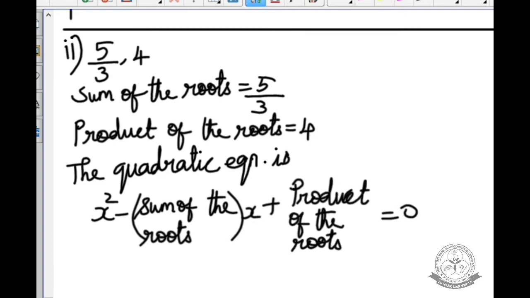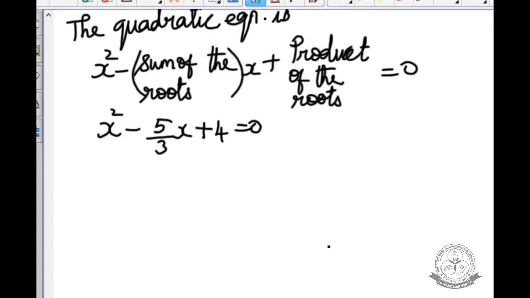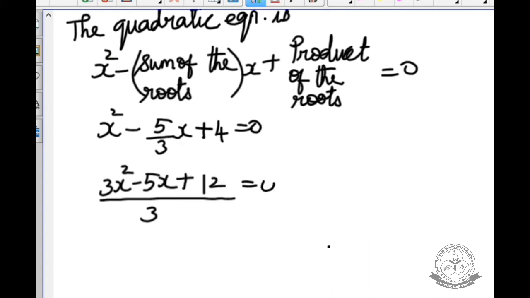So x squared, sum of the roots is given as 5 by 3, so minus 5 by 3 into x plus product of the roots, 4, equal to 0. Now take 3 as the LCM. Cross multiply பண்ணுங்க. 3 into x squared, 3x squared minus 5x plus 4 threes are 12 equal to 0. Now bring the denominator to the right hand side, 0 into 3 is 0. 3x squared minus 5x plus 12 equal to 0. This is our required equation.